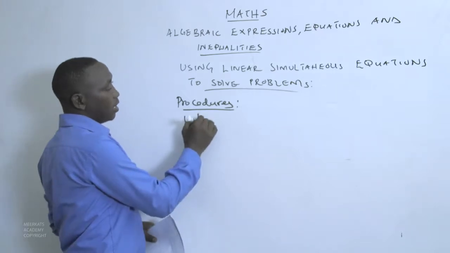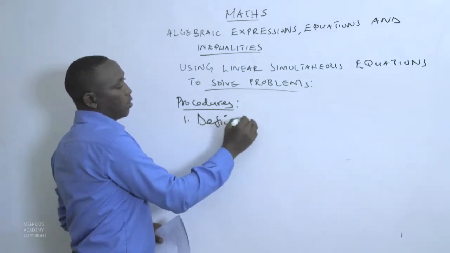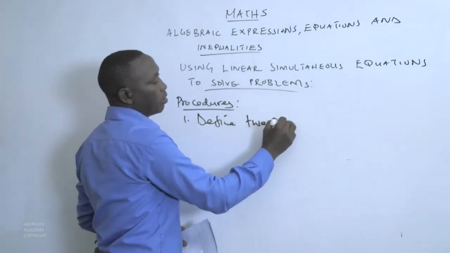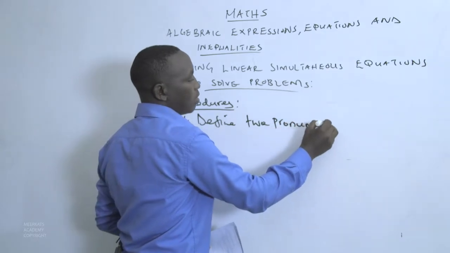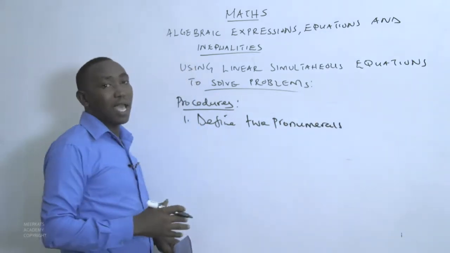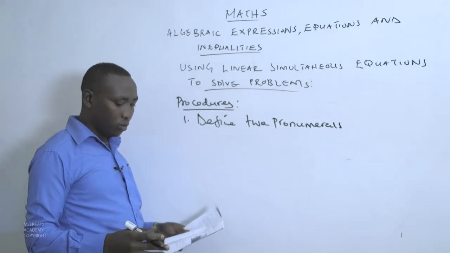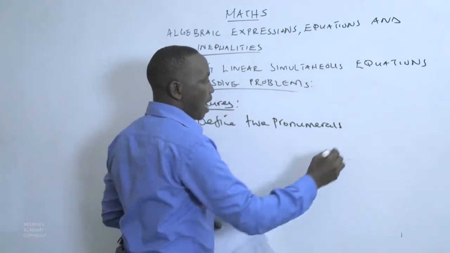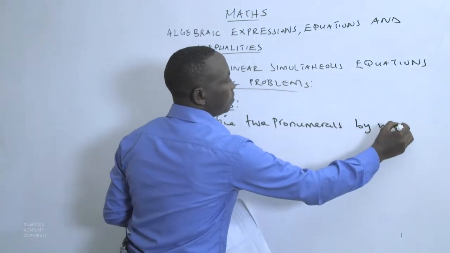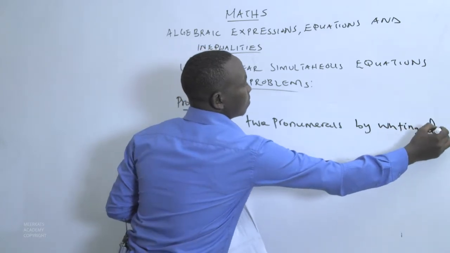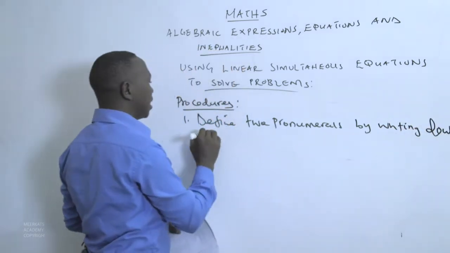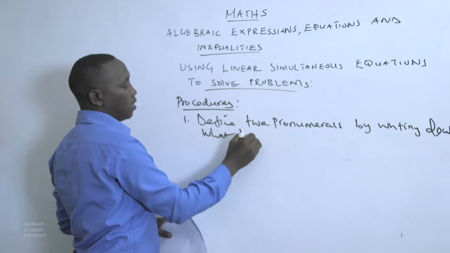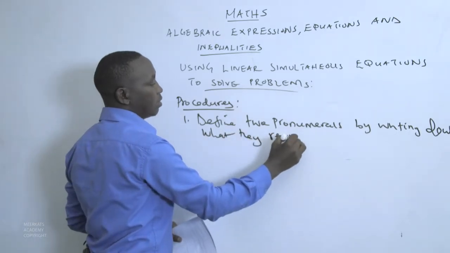So you define two pronumerals, and these are the unknown terms that you are going to use by writing down what they represent.